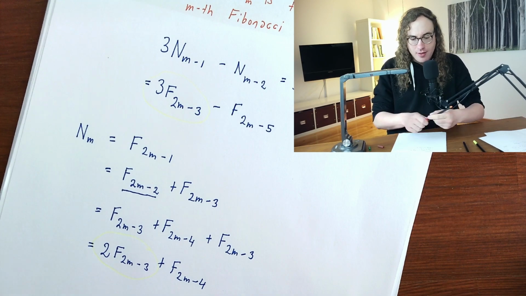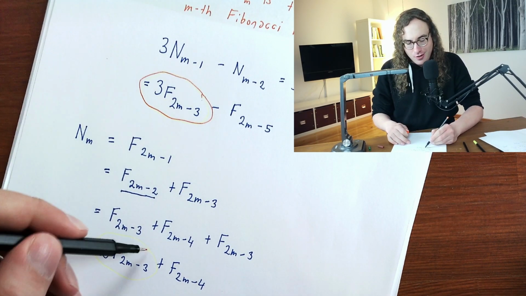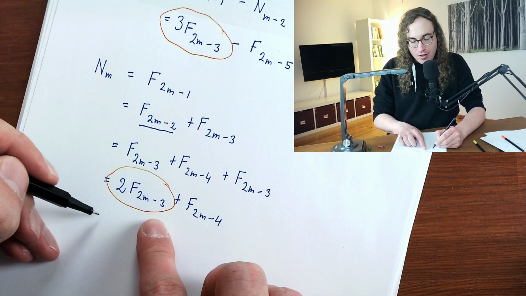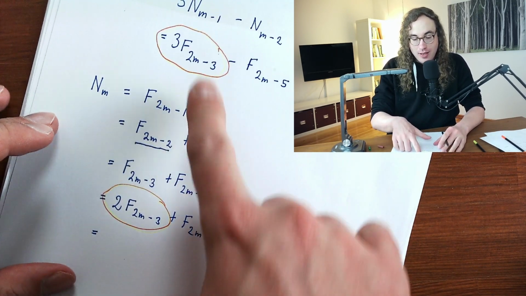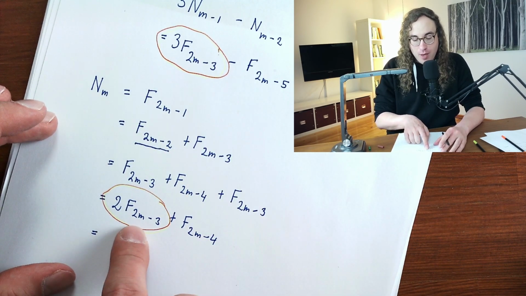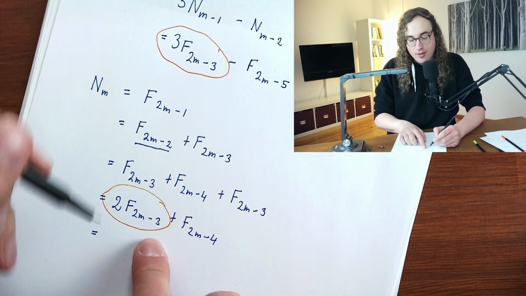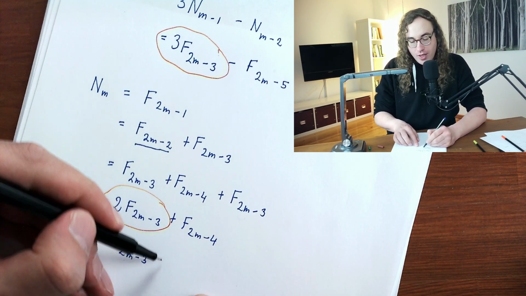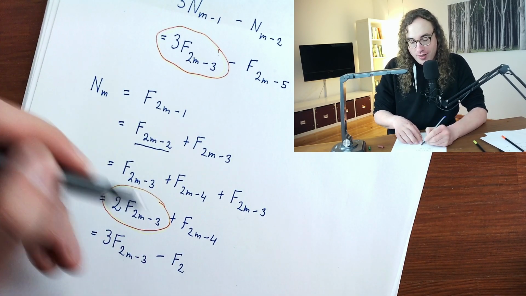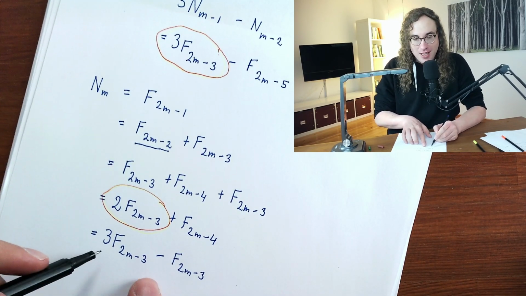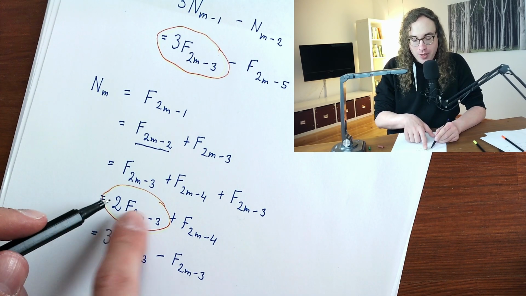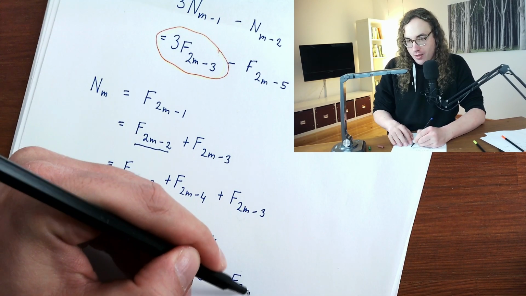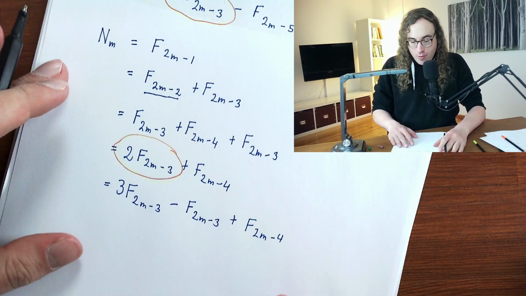So let's add an additional summand down here so that we also get 3 times f2m minus 3, and then I have to subtract it again so that it's correct. So I'll write 3 times f2m minus 3, and now I subtract 1 copy of these. Now I've balanced out that I'm actually using too much here. And then, of course, I still have this term f2m minus 4 here. Okay, good.